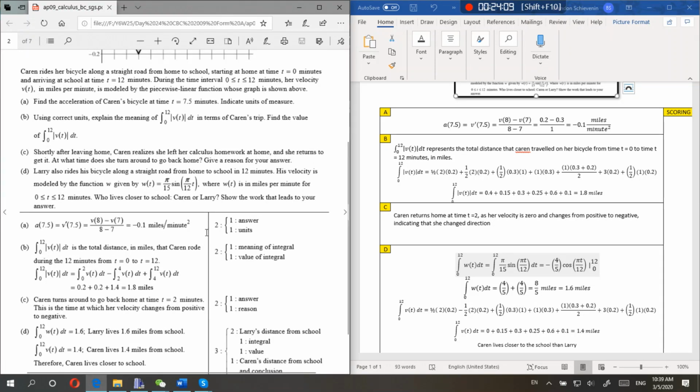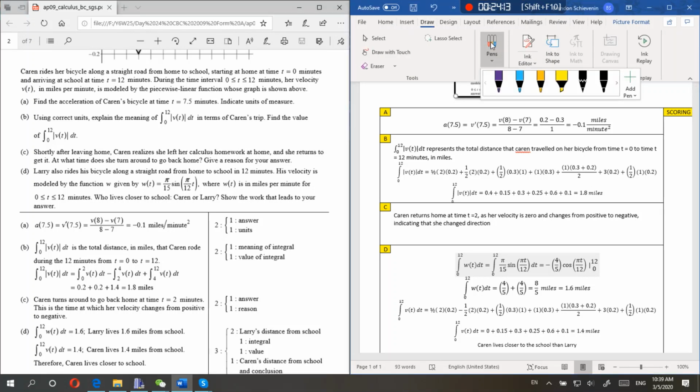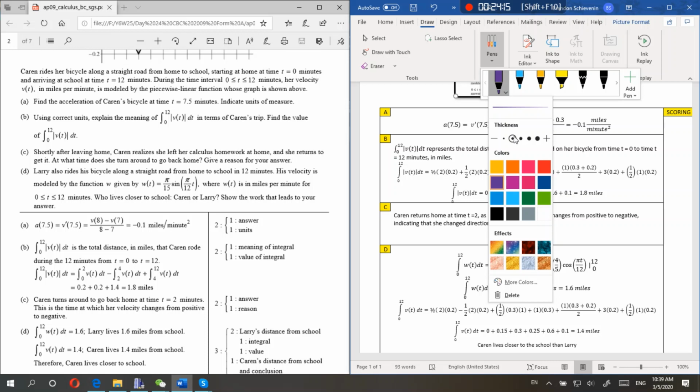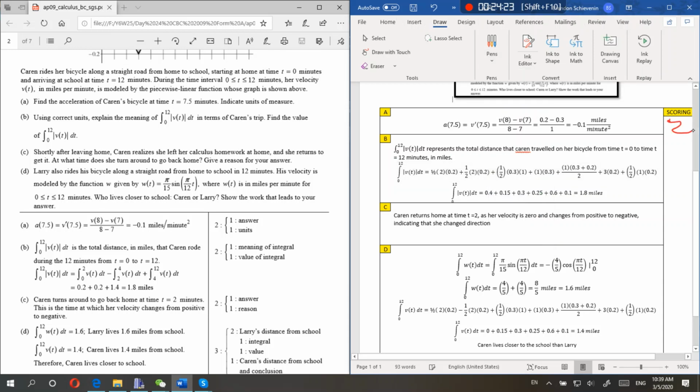Estimate the acceleration at 7.5. Okay, we've got the answer of negative 0.1 miles per minute squared in units. So we've got 2 for 2 there. Then the meaning of the integral is the total distance that she rode in the 12 minutes in miles. Okay, so that was good. And then the value is 1.8 miles. That was good. So 2 there.